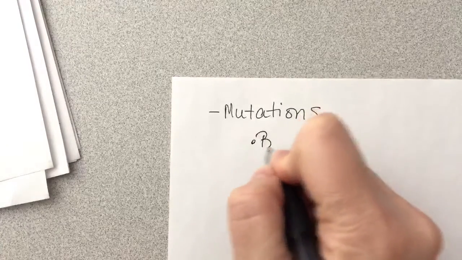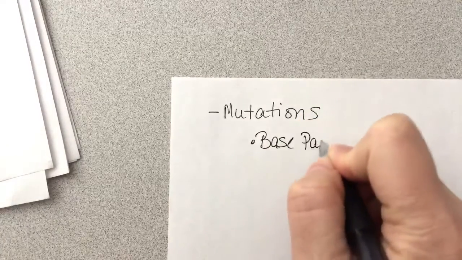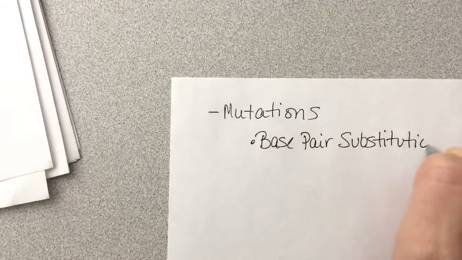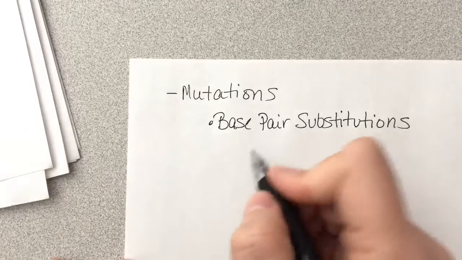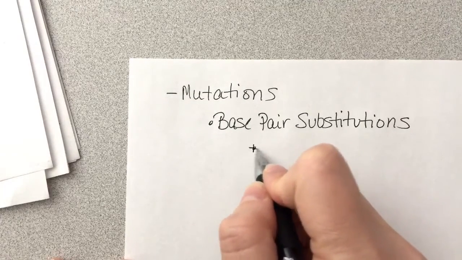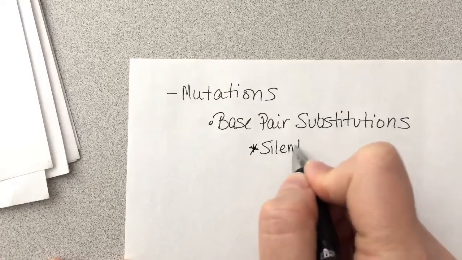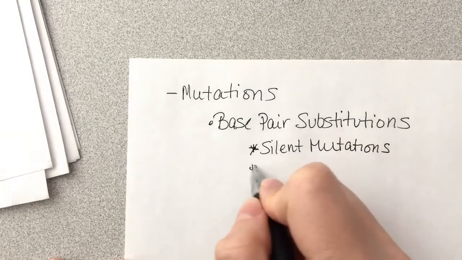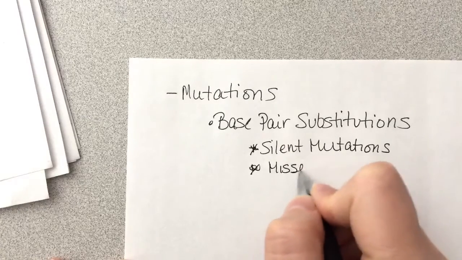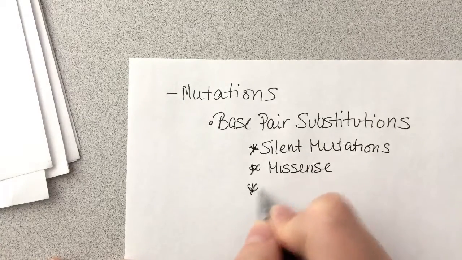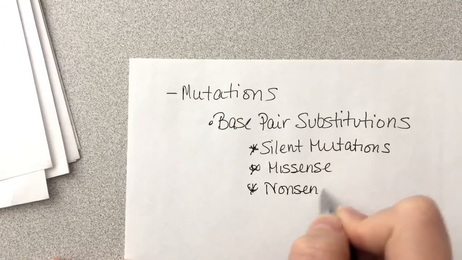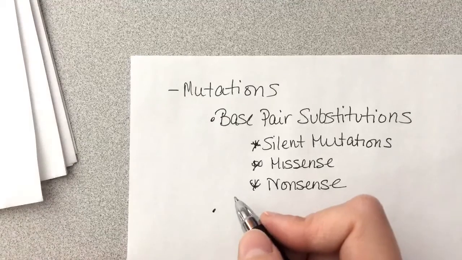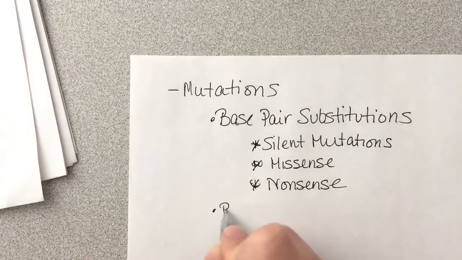So there were base pair substitutions, like silent mutations, missense and nonsense. And then there were insertions and deletions.